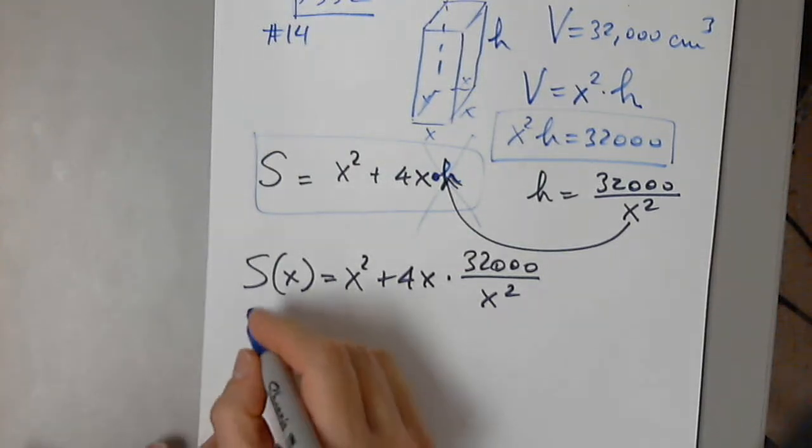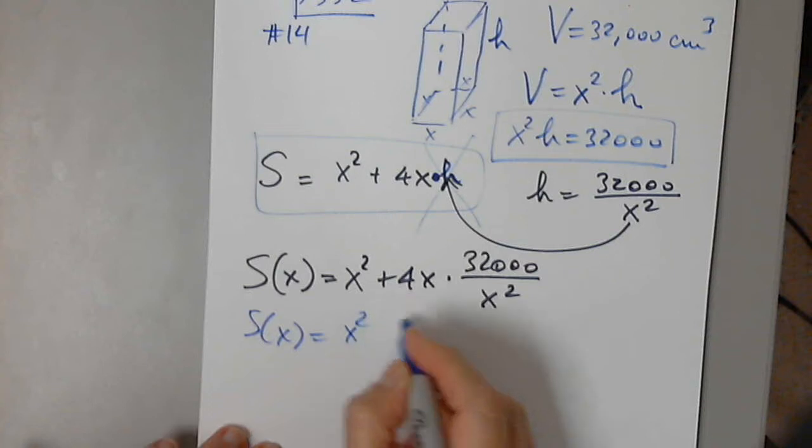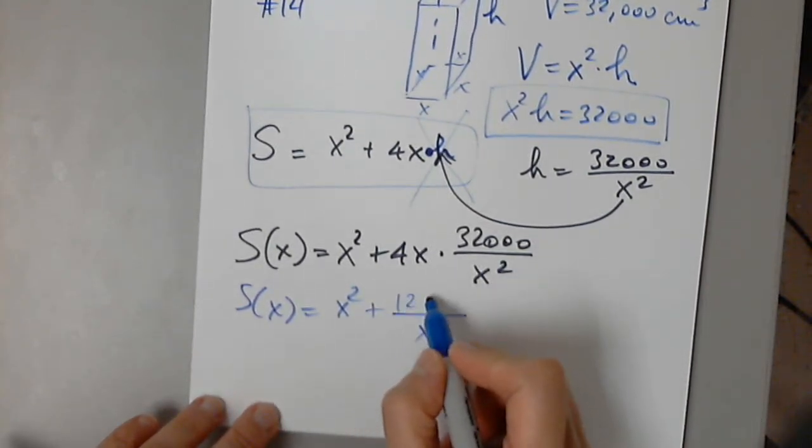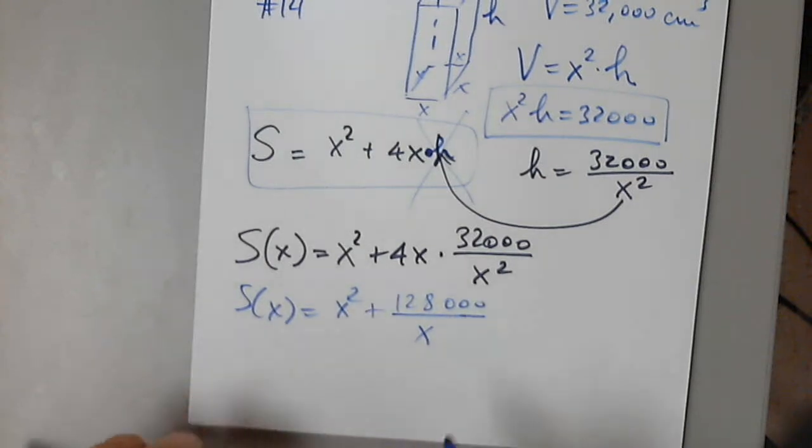So s of x equals x squared plus 128, I think. No excuse, always check my numbers because sometimes I think of the next step and I may write something else. No excuse. Okay, we're happy now, right?